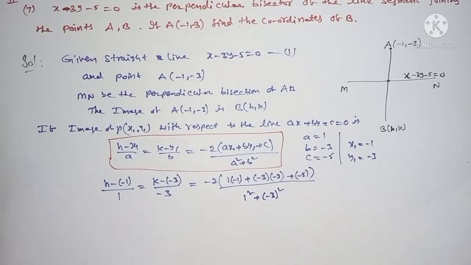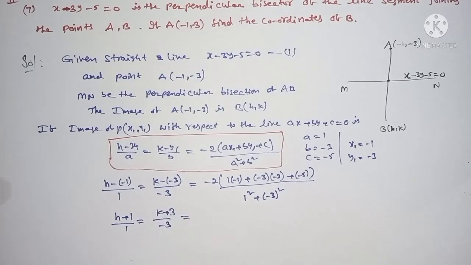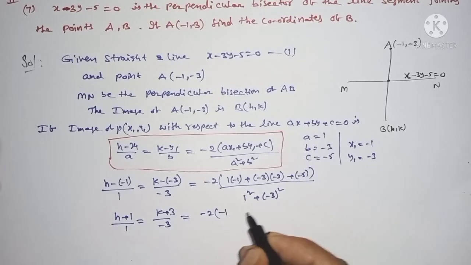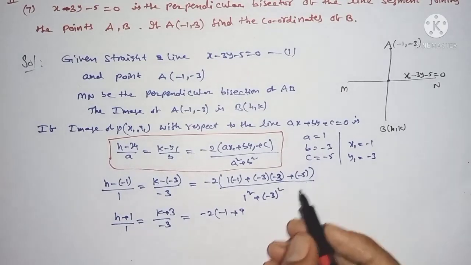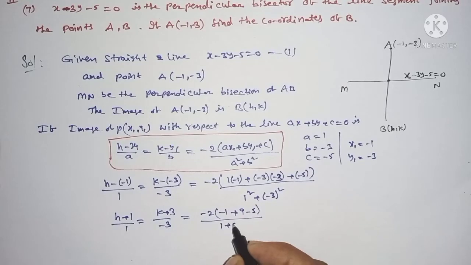Simplifying, (h plus 1) by 1 is equal to (k plus 3) by minus 3, equals minus 2 of the inner part, which is minus 1 plus 9, since minus 3 times minus 3 is 9, and minus 5, divided by 1 plus 9.